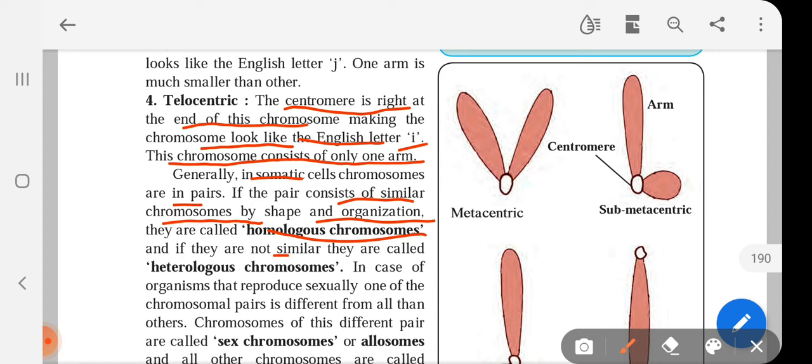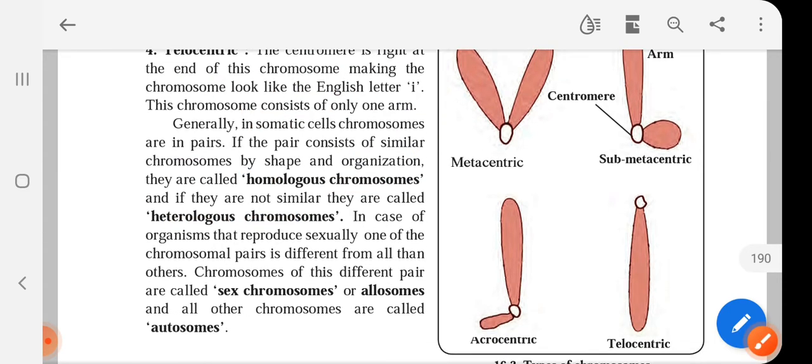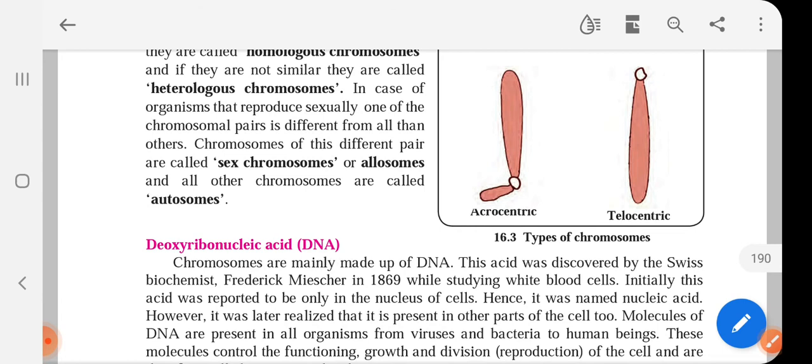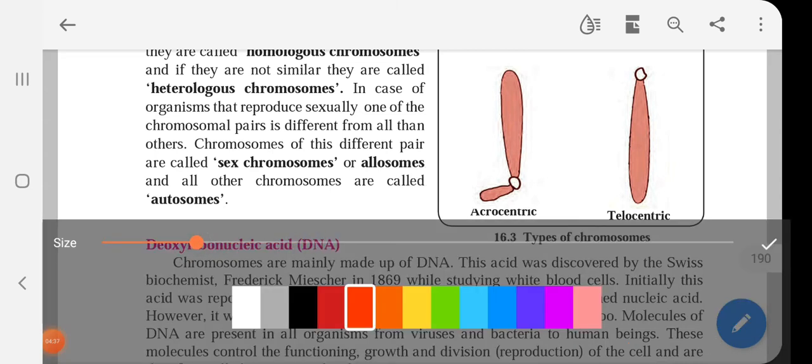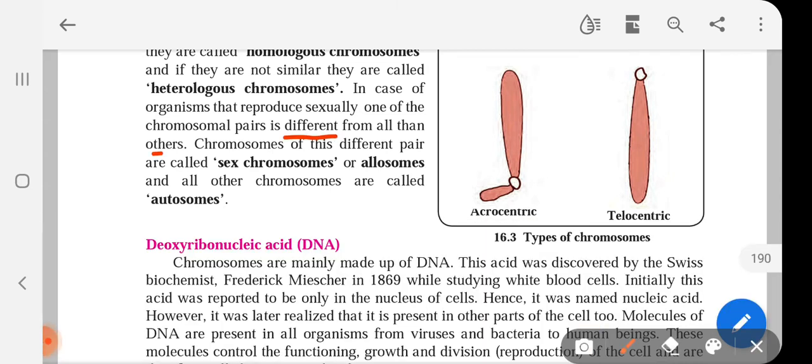And if they are not similar, they are called heterologous chromosomes. In organisms that reproduce sexually, one of the chromosomal pairs is different from the others. Chromosomes of this different pair are called allosomes and the others are called autosomes.